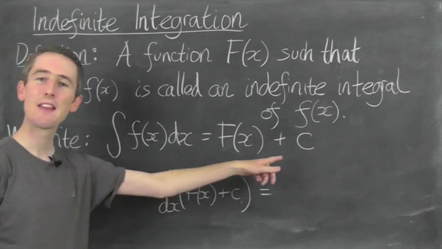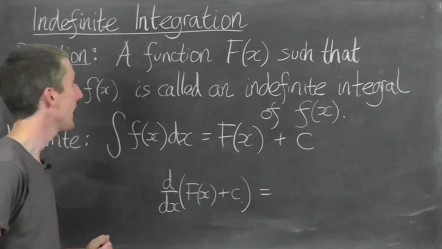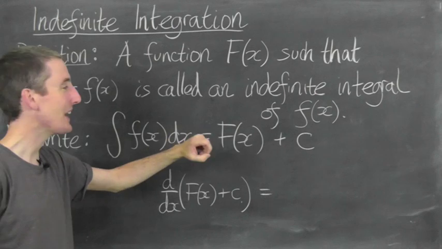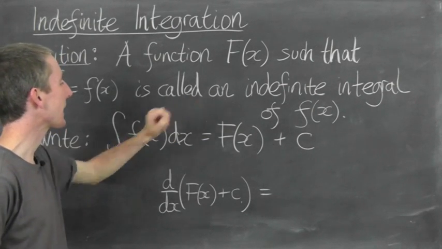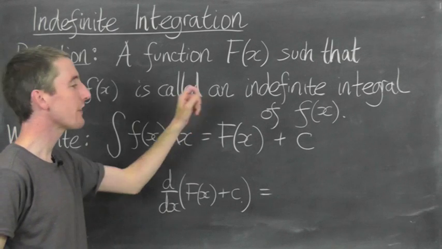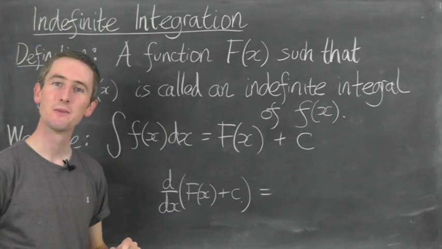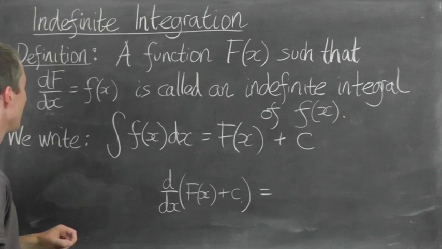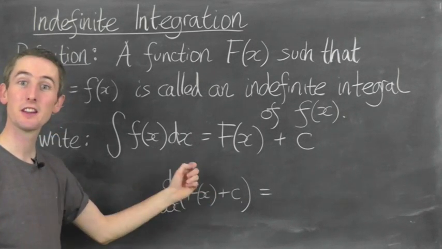Well, why is it that we add this constant of integration? It's because I've written here an indefinite integral, the indefinite article. So this is telling us that actually the indefinite integral is not uniquely defined, because we can always add a constant here. Why is that? It's because the derivative of a constant is 0.